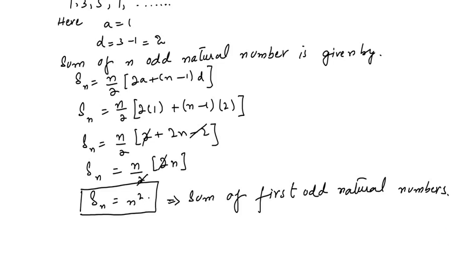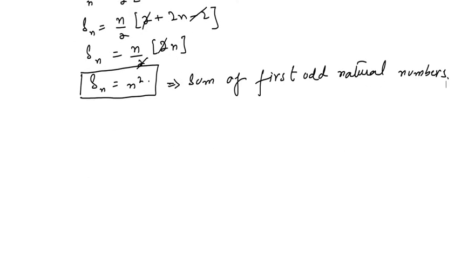According to the given condition in the question, show that the sum of first n even natural numbers is equal to 1 plus 1 upon n times the sum of the first n odd natural numbers.